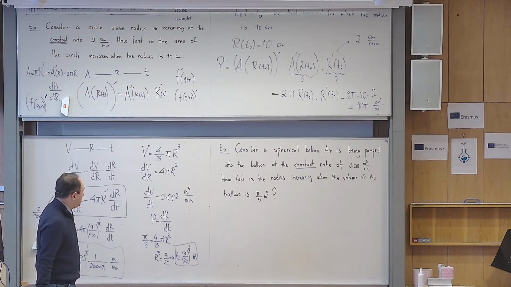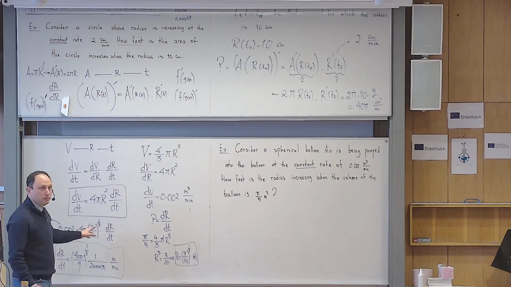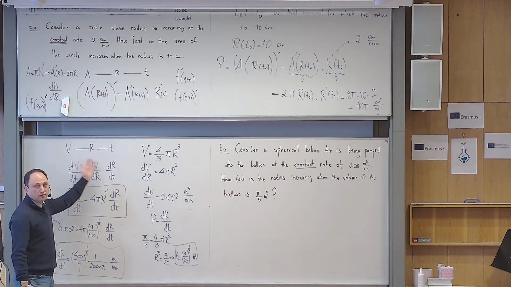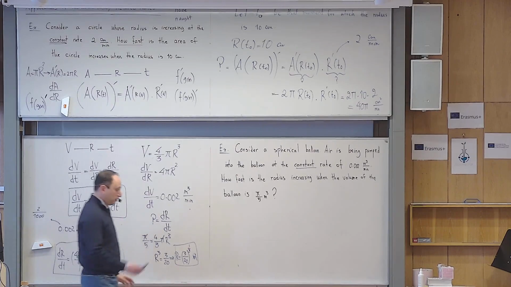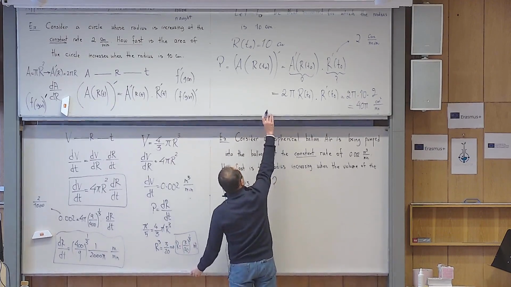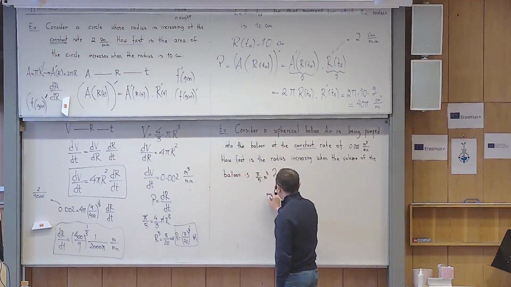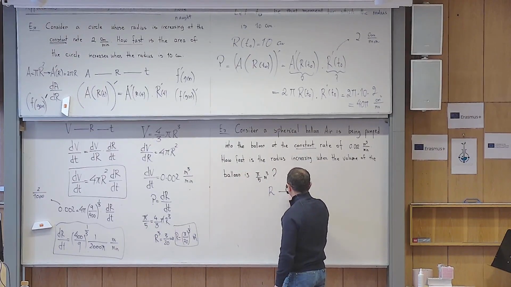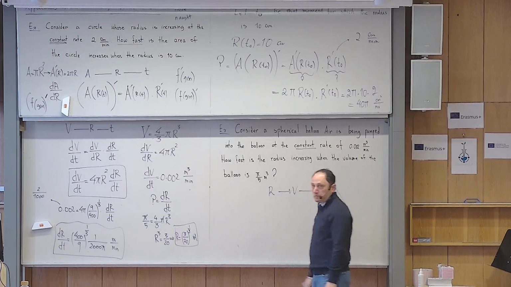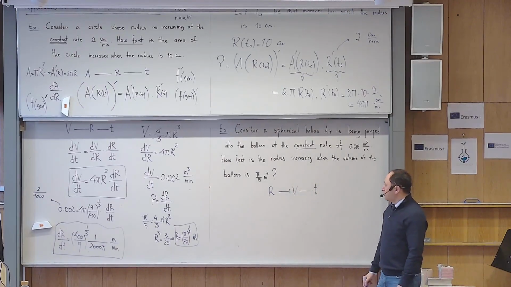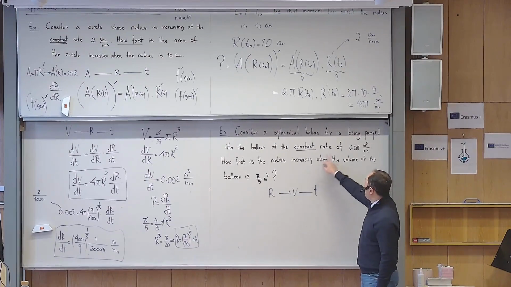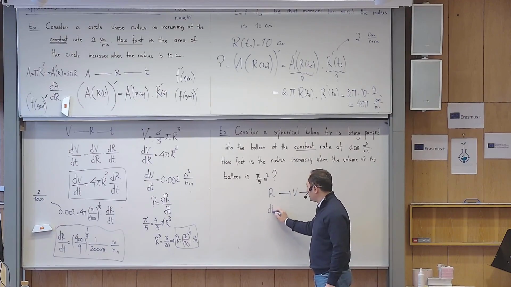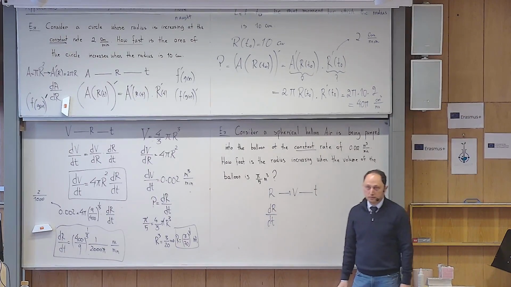For the people who want to understand deeper, let us solve the same problem with the arrangement R, V, t. I want you to do a favor for me and help me write it down. So I view the same problem, but with this arrangement. What is wanted in the problem? How fast the radius is changing. So you are interested in the rate at which R is changing with respect to time.